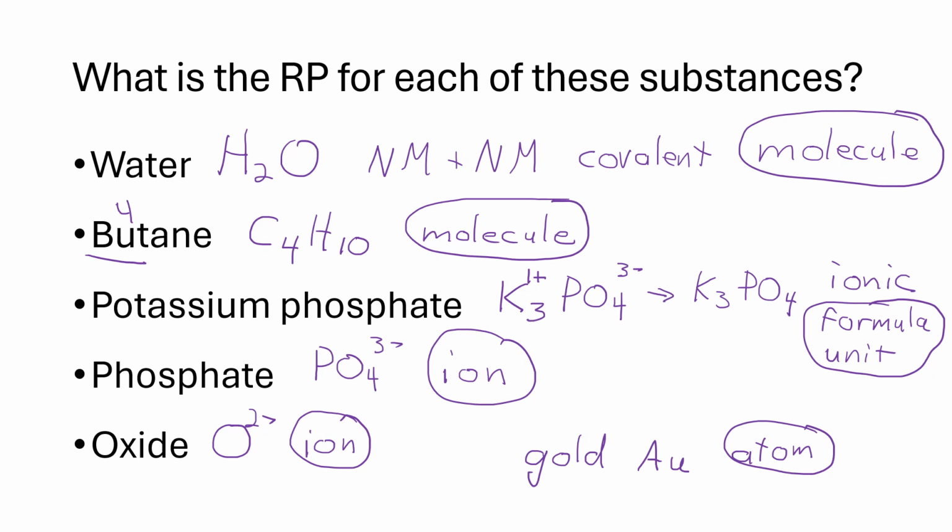And so just to compare and contrast, let's also do just plain old oxygen. Plain old oxygen has the formula O2, so it will not be just an atom, it will be a molecule. That's one of the Brinkelhoffs, and all of the Brinkelhoff elements have a molecule for their representative particle.